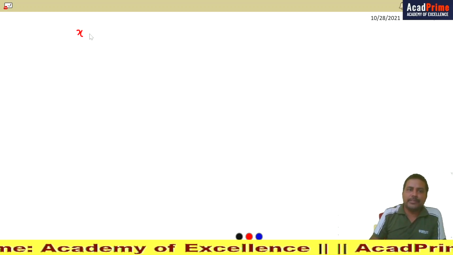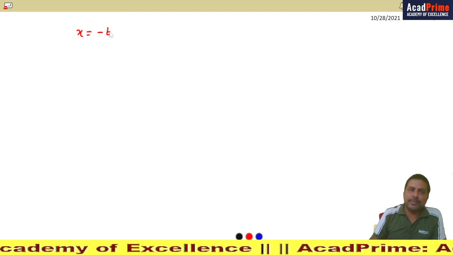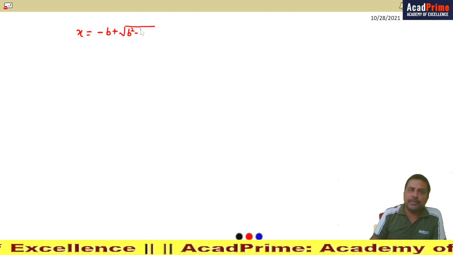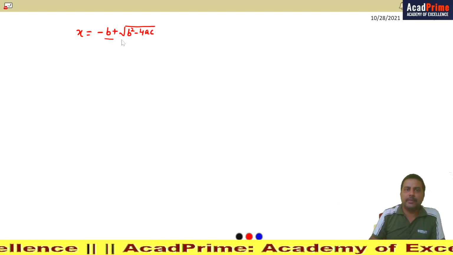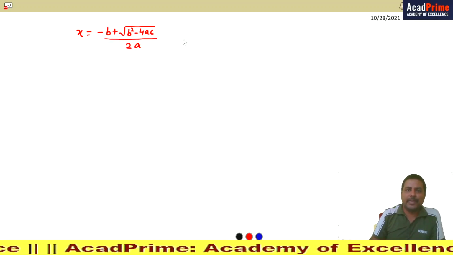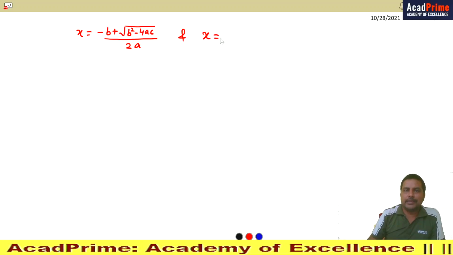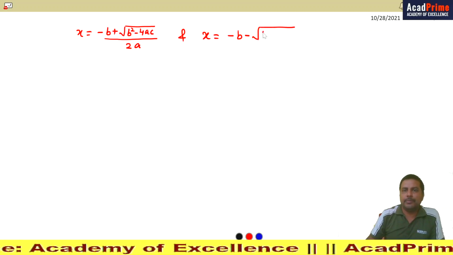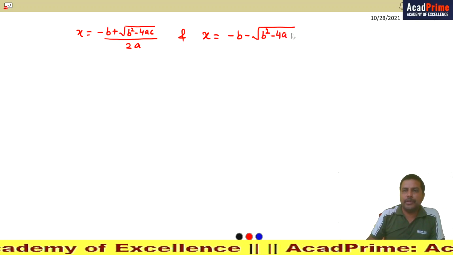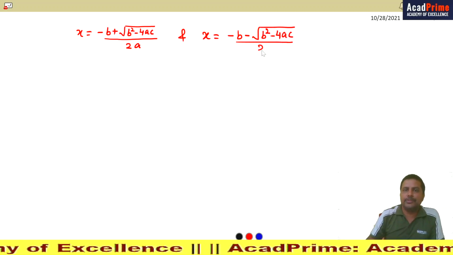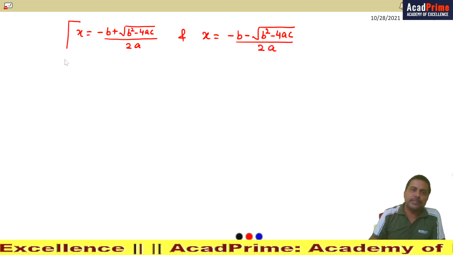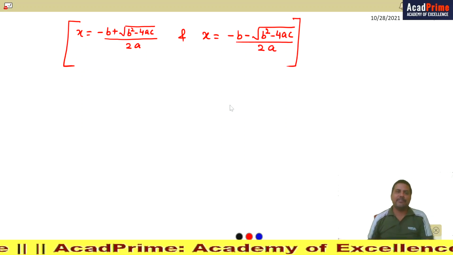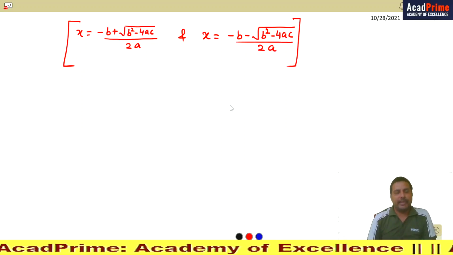One of the values is x is equals to minus b plus root under b square minus 4ac divided by 2a, and the other one is x is equals to minus b minus root under b square minus 4ac divided by 2a. Okay, so using this expression or this equation, you can easily find out the two roots of any quadratic equation.